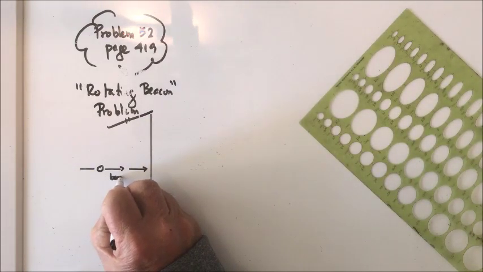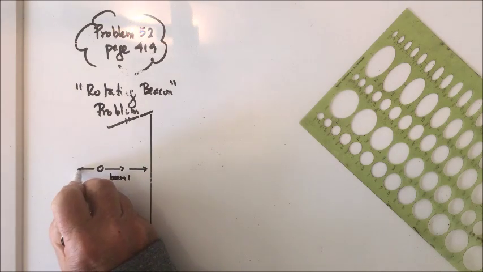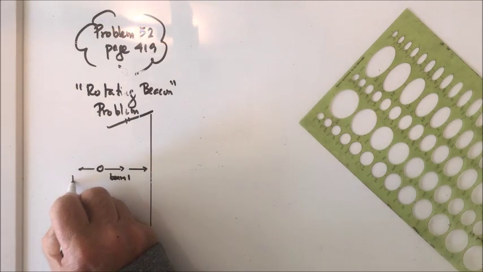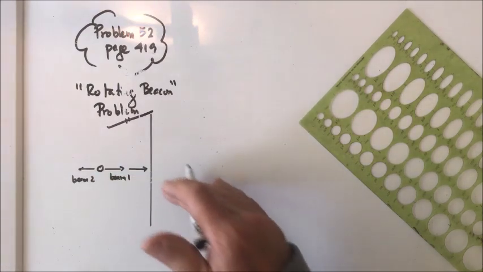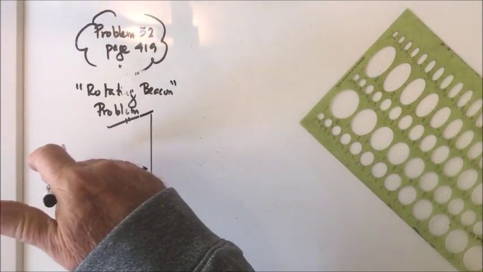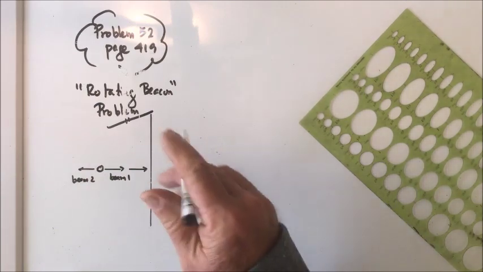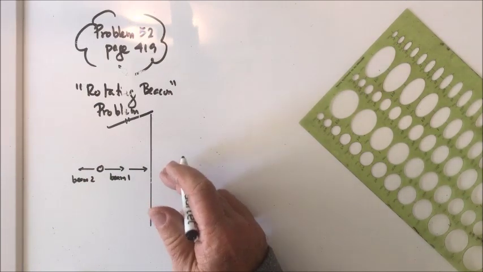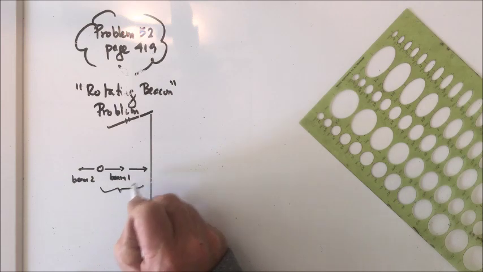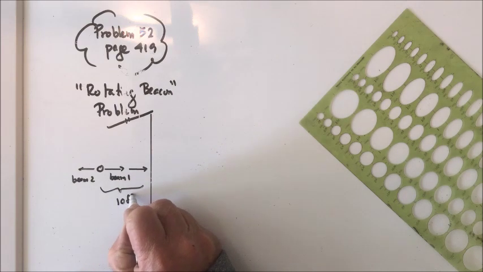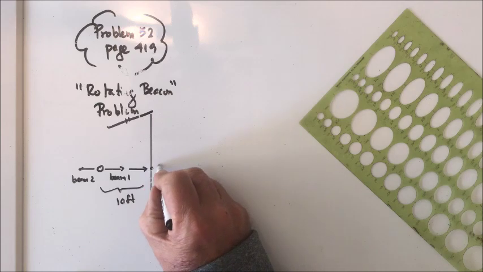This is just one side of the beacon. This is the other side of the beacon. And I've drawn it in a case where beam 1 is shining normal to this wall here. It's as close as it's going to ever be. This distance is 10 feet. The book calls this point A.